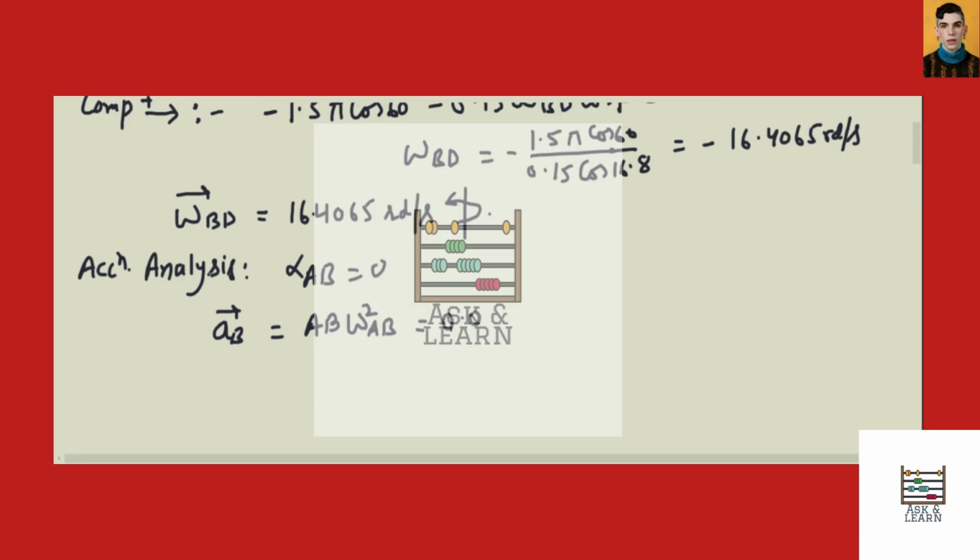AB is 0.05, omega square is 30 pi squared, and direction is towards A. So on solving it, this will be 444.13 meter per second square along this direction, which is shown in the figure.